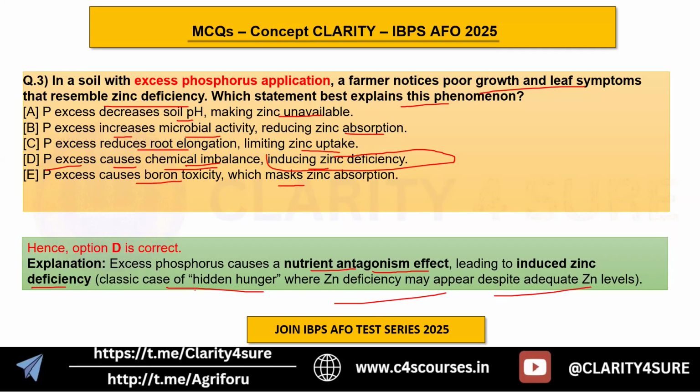Hidden hunger means a sufficient amount of zinc is applied to the crop, but it still shows a zinc deficiency problem. For that case, it is known by the term hidden hunger.